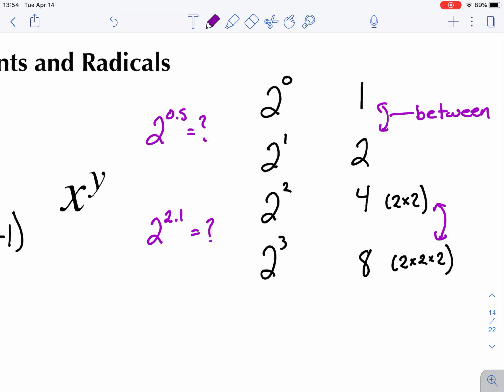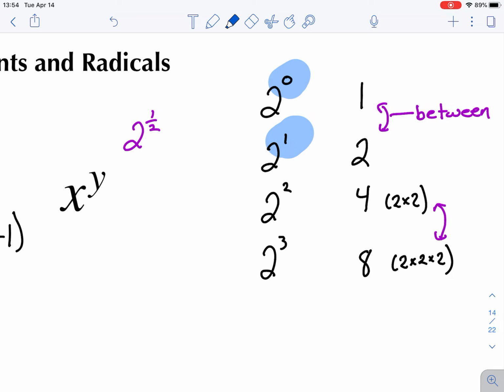So where do these decimal exponents go? Well, there is a pretty simple answer. We're going to be working with fractional exponents. So 2 to the power of 1/2. Well, 1/2 is between 0 and 1, so the answer to the power of 1/2 has to be between 1 and 2.